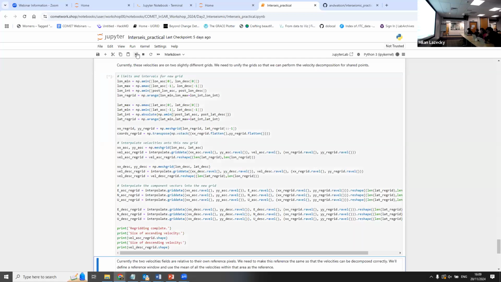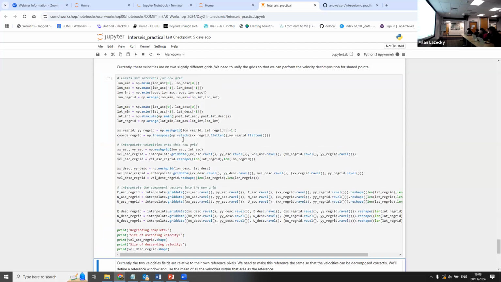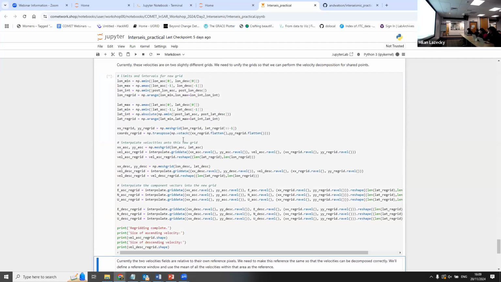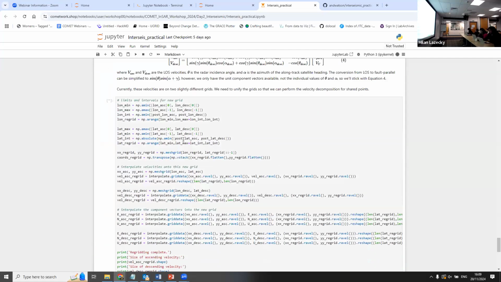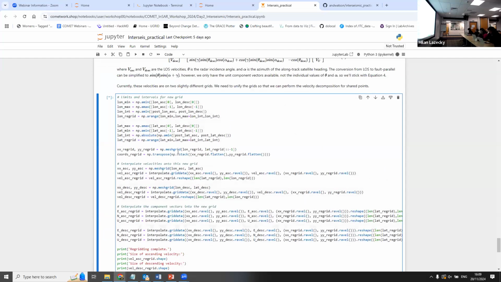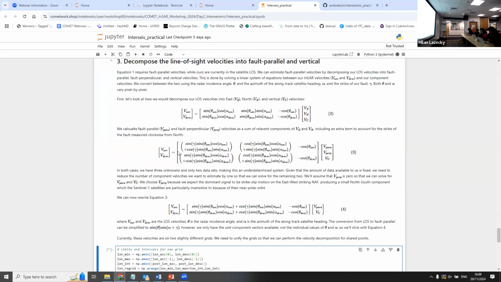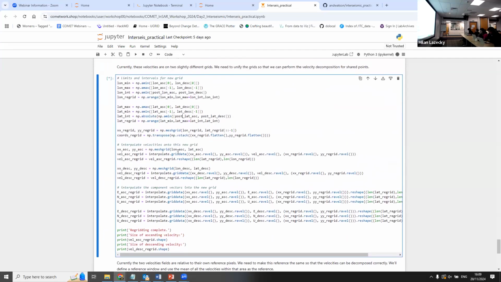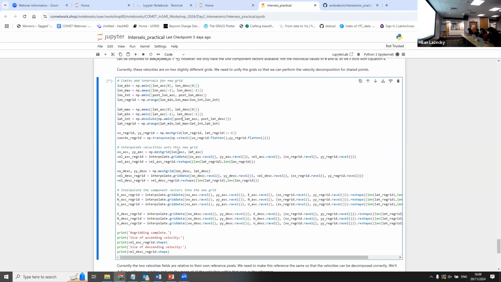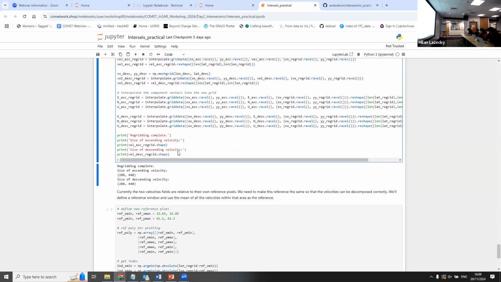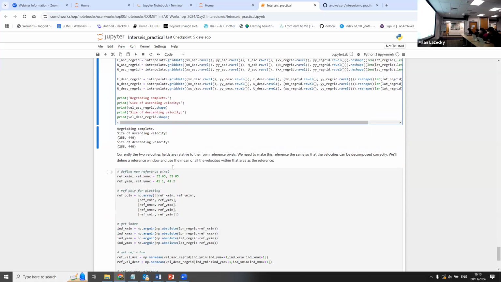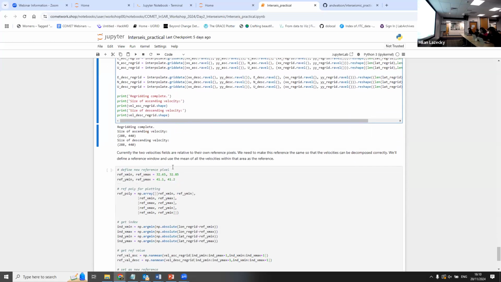So you can just run this cell. It'll be slow. Now it is regridded.